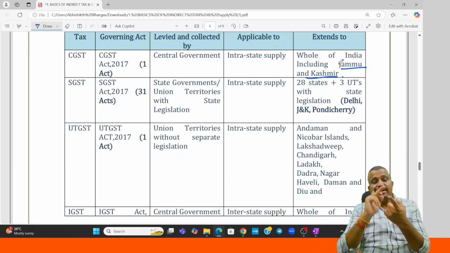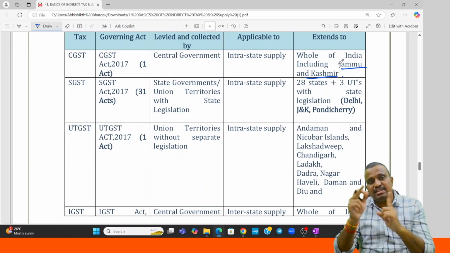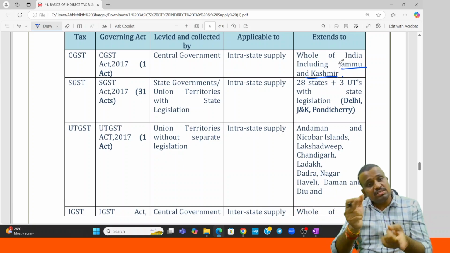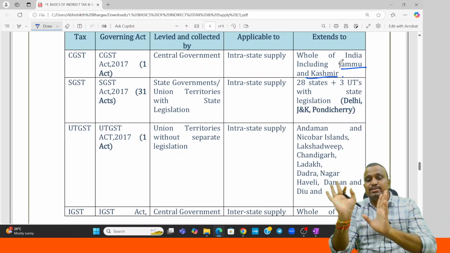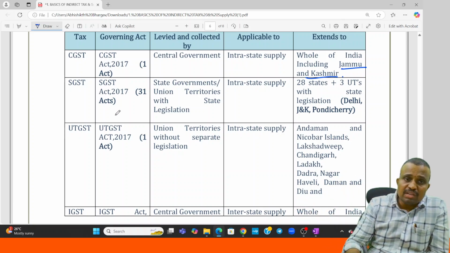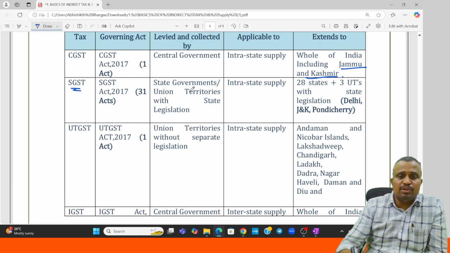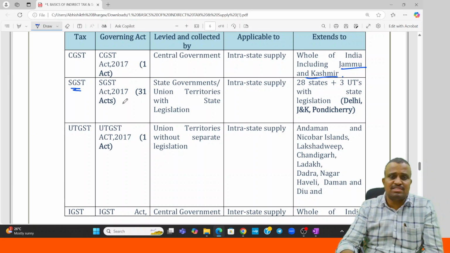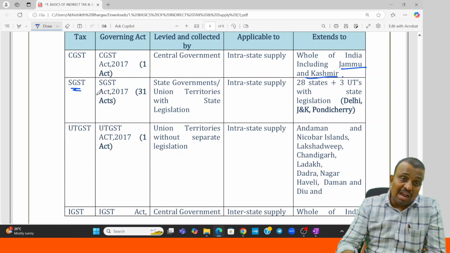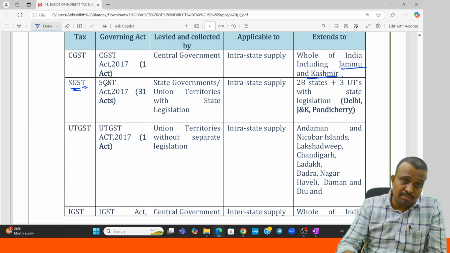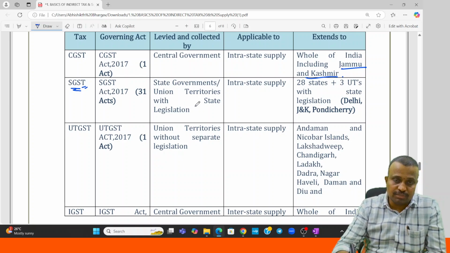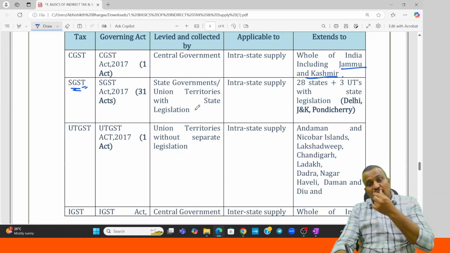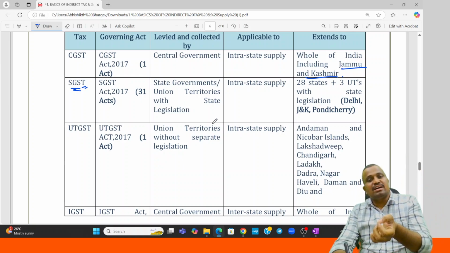As we discussed, on an intra-state supply, CGST and SGST, or CGST and UTGST, is levied. SGST is imposed by the state government as per the SGST Act 2017, and SGST is also imposed by the respective union territories with state legislation. So how many union territories do we have?